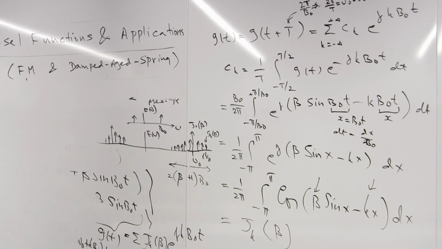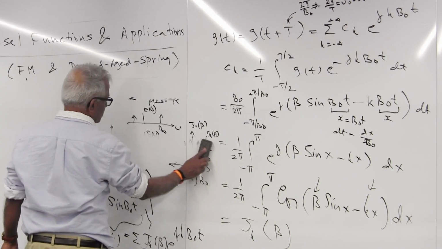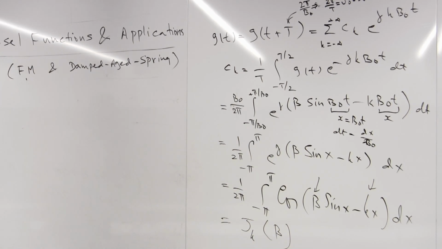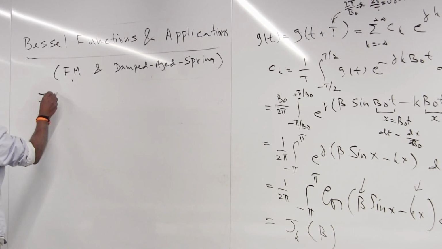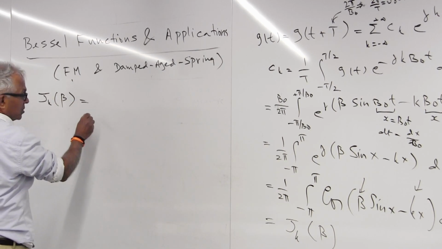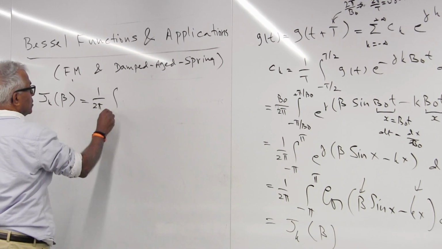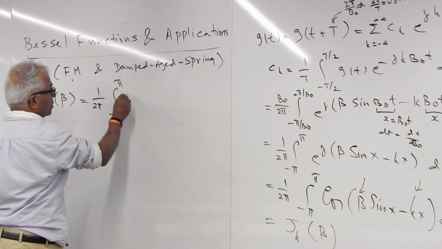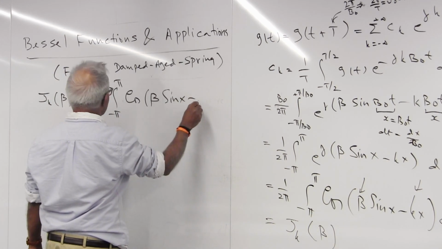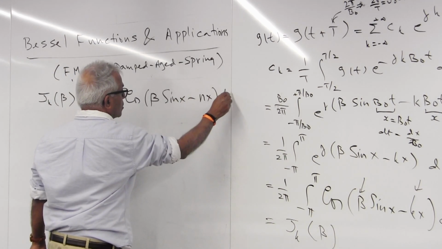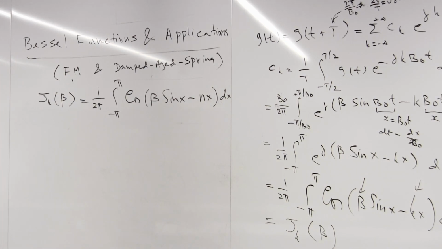That's the FM. What interests me is the Jk term, and I want to show some other applications where this Jk comes up. So Jk of beta is 1 over 2 pi, integral from minus pi to pi of cos of beta sine x minus n x dx.